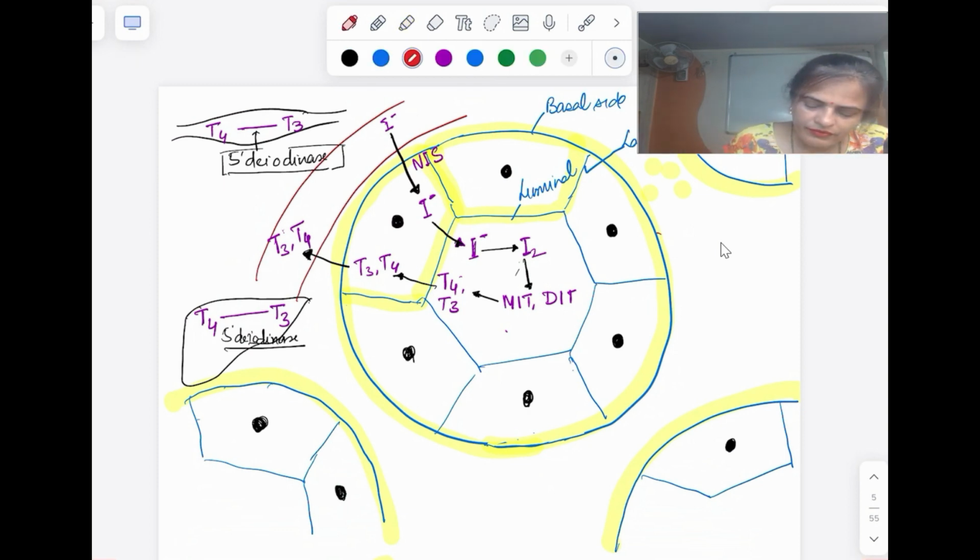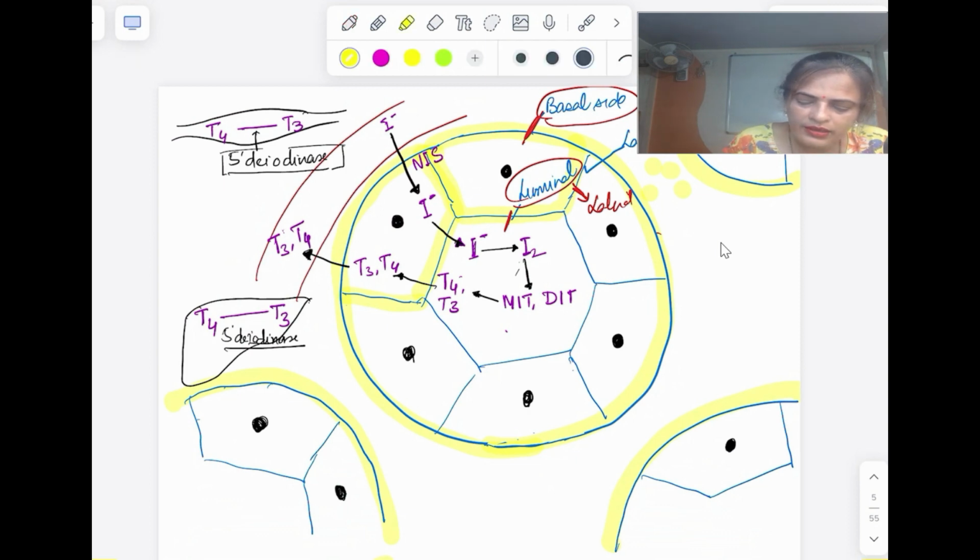Now this side is the luminal side. You can see here, this side of the follicular cell is the basal side, and this side is the lateral side. So this whole circle is the thyroid follicle, and this single one is the follicular cell.